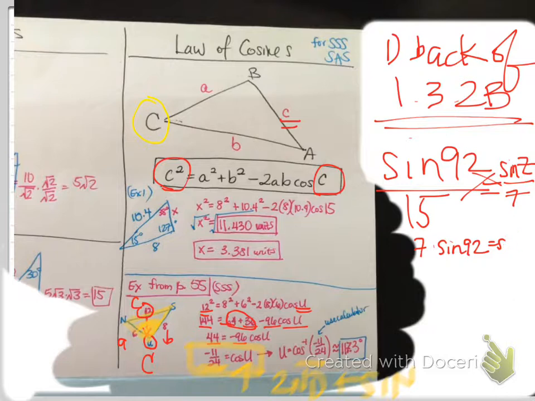If I want to get sine of z by itself, I divide by 15 on both sides. So sine of z equals 7 times sine of 92 divided by 15 on my calculator. You can follow along with me if you want.